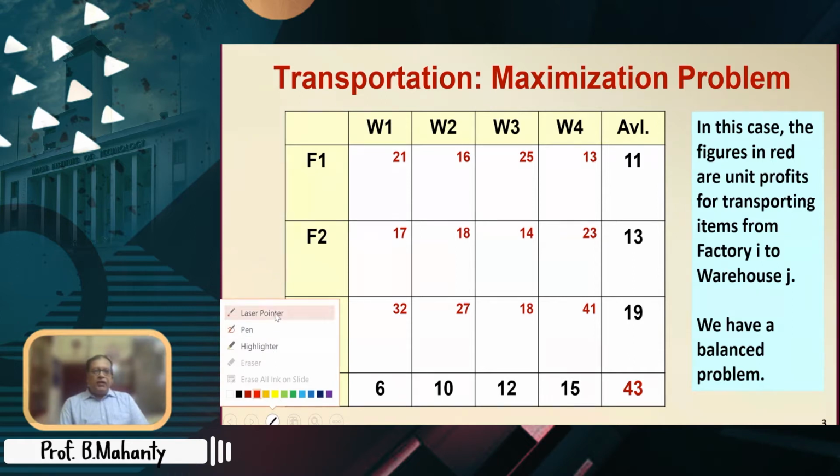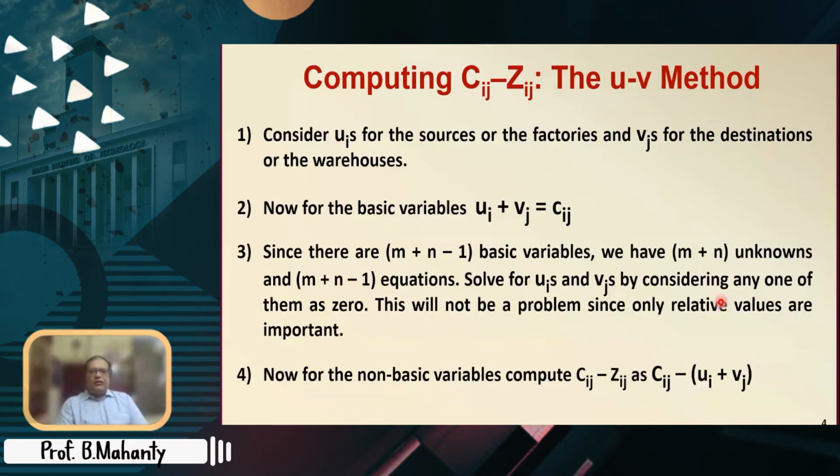And thereafter, we had also seen if there are some restrictions of certain factory not able to send material to certain warehouses. So all these different cases we have already seen. So first of all, this is a balanced problem. If it is not a balanced problem in case of maximization, we have to balance it first. So this is the first thing.